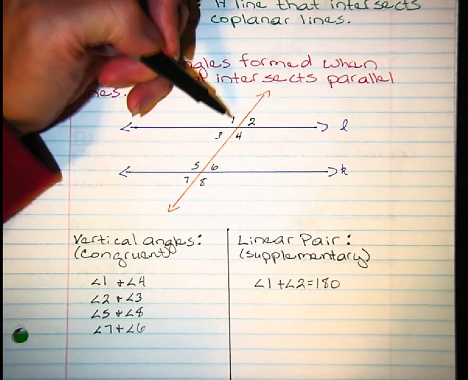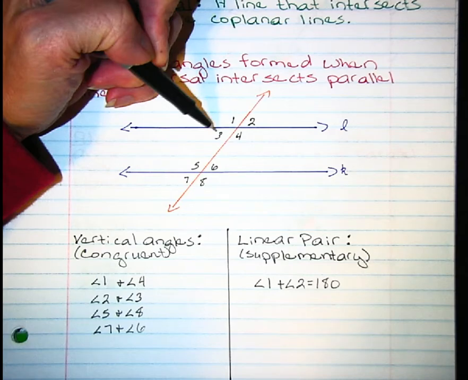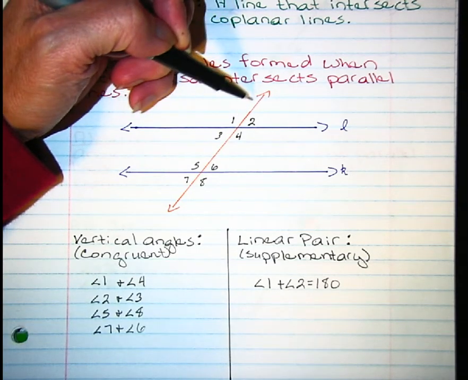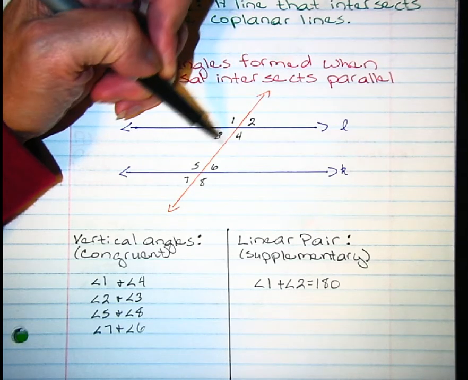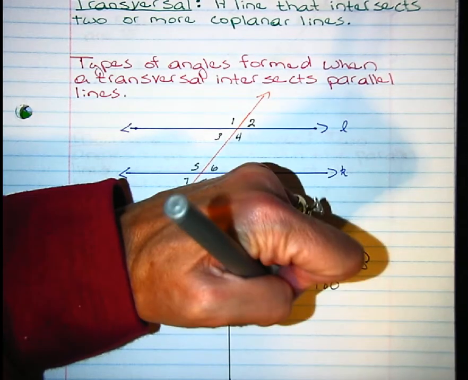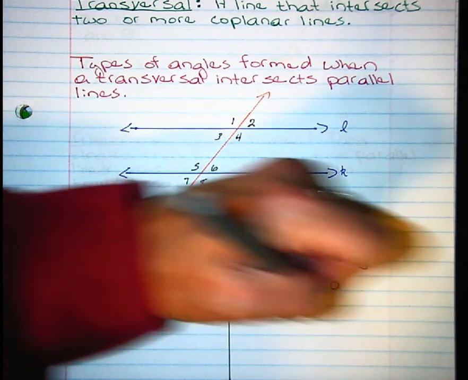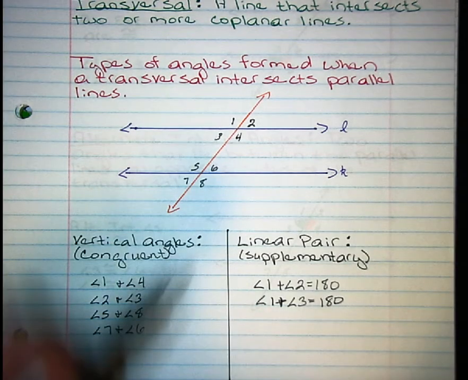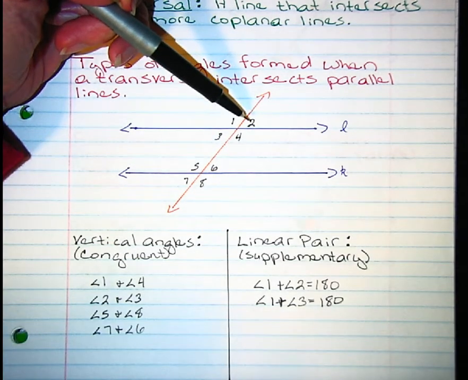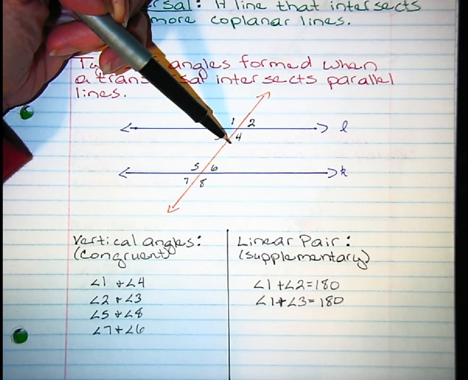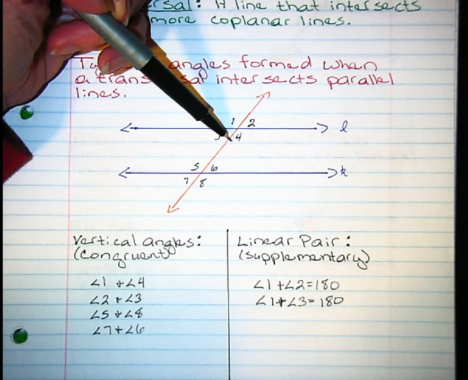I can also say that angle 1 and angle 3 are a linear pair because if I add them together, they create my transversal. So angle 1 plus angle 3 equal 180. I can also say, if I look at angle 2, well, I said angle 2 and angle 1, but I can also say angle 2 and angle 4 are a linear pair.